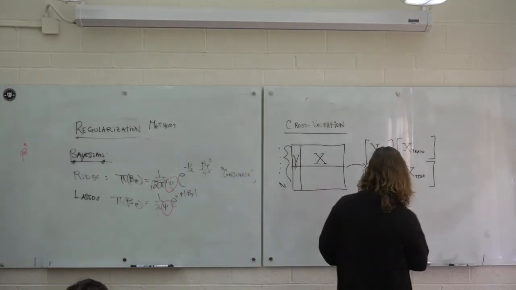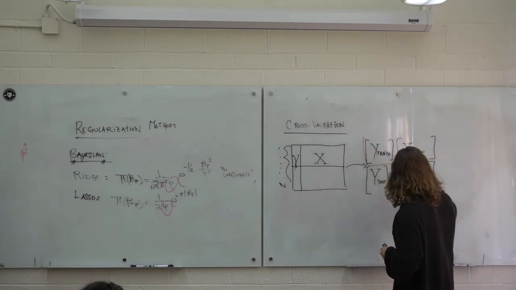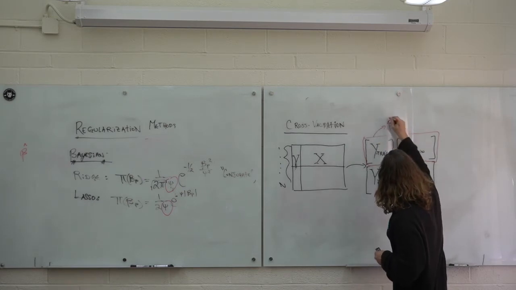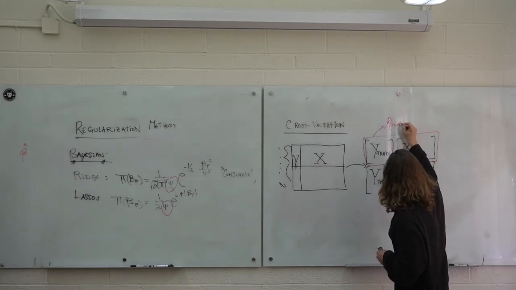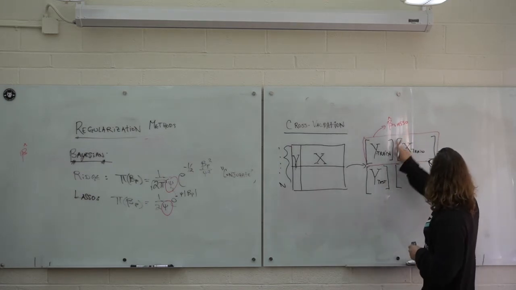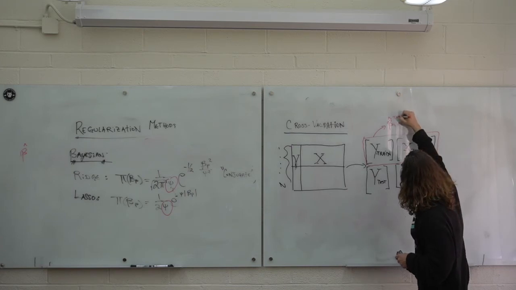So we're going to build our model out of this stuff. From this, we're going to get our beta hat. I'm going to say we're going to do maybe Lasso. So from that data, I get beta hat Lasso from the training data set. I'll put in a superscript train.